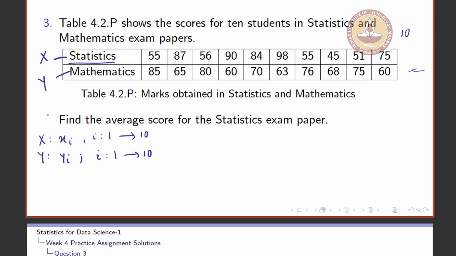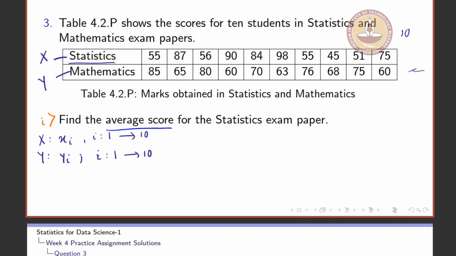Now this is my first question, where we have to find the average score for the statistics exam paper. So what do we have to calculate here? We need to find the mean of the scores that the students obtained in the statistics exam paper.